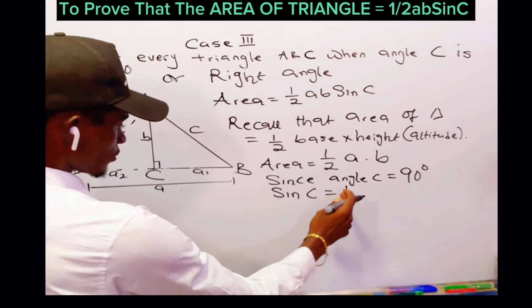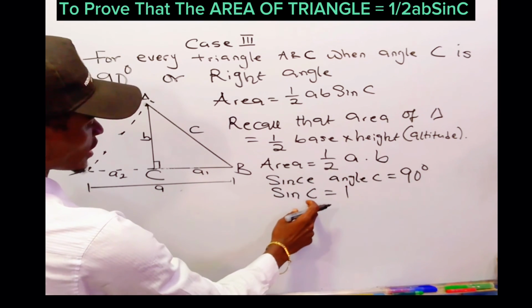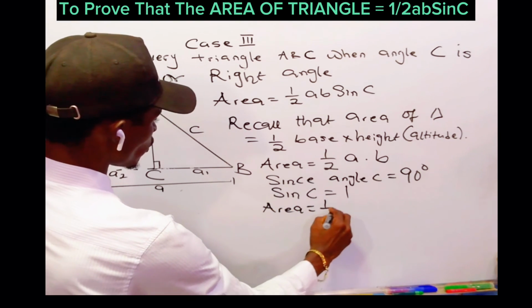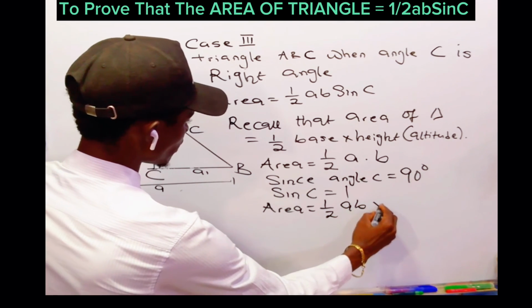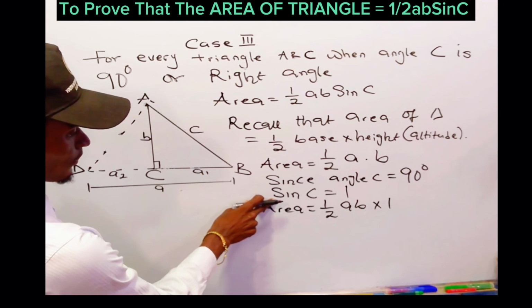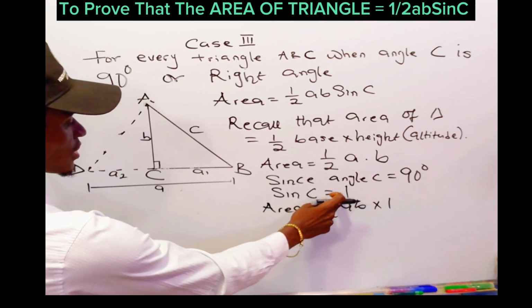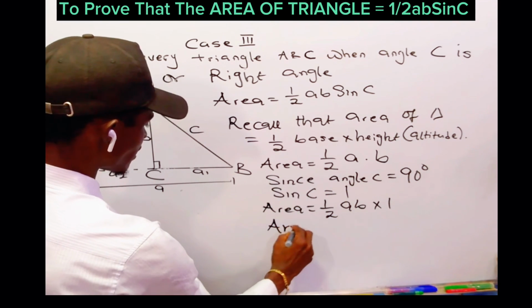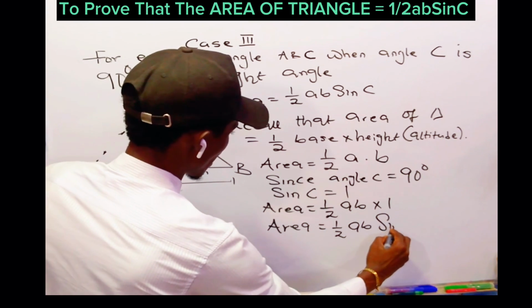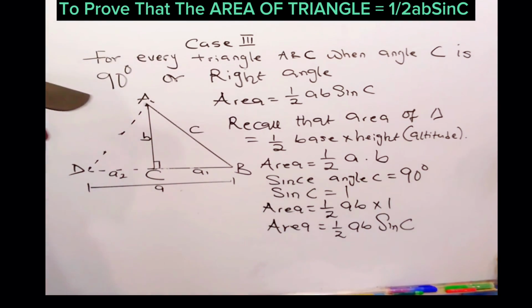So comparing area of triangle to be half AB and angle C, which is sine C, as 1, we'll have the area to now be 1/2 AB times 1, where our 1 here is our sine C, because sine C is sine 90 degrees and sine 90 degrees is 1. Now we can also say that the area is equal to 1/2 AB sine C, since C is 90 degrees.